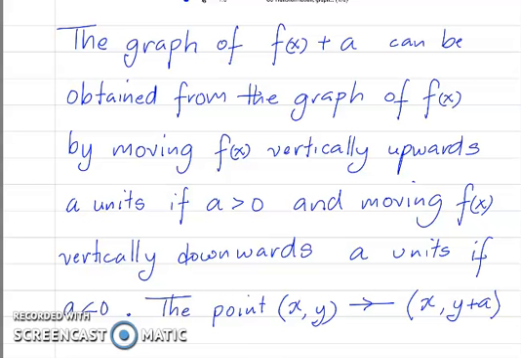So if I translate vertically, the x coordinate is going to remain the same and the y coordinate is going to change. It's either going to increase, meaning I'm going up, or decrease, meaning I'm moving it vertically downwards. Let's have a look at an example.